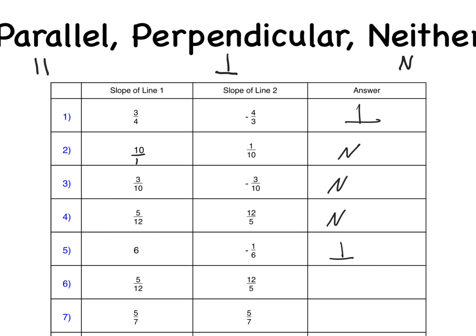Good. Okay. Mandy, number 6. Neither. What's keeping it from being perpendicular? I mean, they're flipped. Correct. One of them's not negative. Okay. And then Monica, number 7. Parallel, perpendicular, or neither?